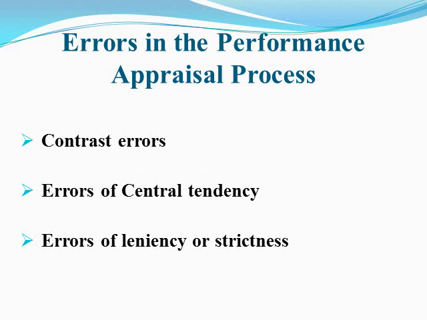As we saw in the leniency errors, the supervisor will be kind of nice to the employee. He will rate him more than he deserves. And in the strictness errors, he will be very tough and strict. That means he's going to rate him less than he deserves or extremely the same. So he's not flexible.